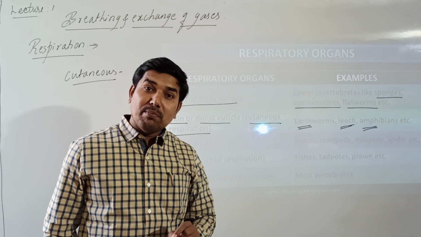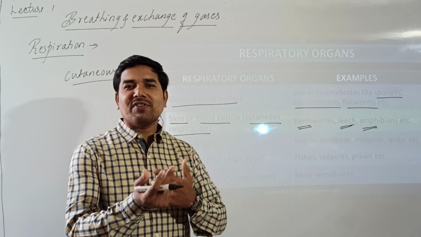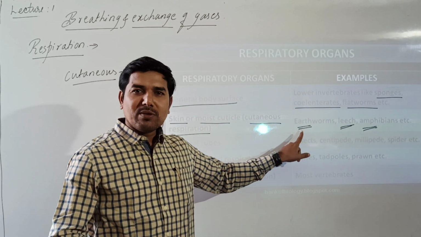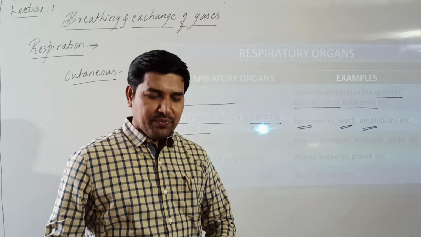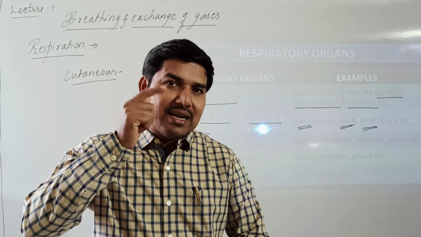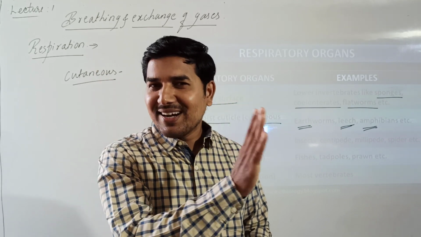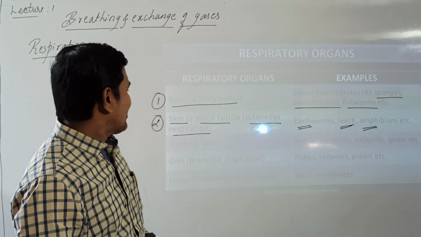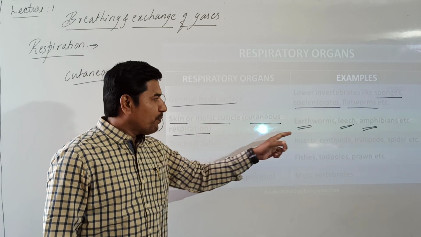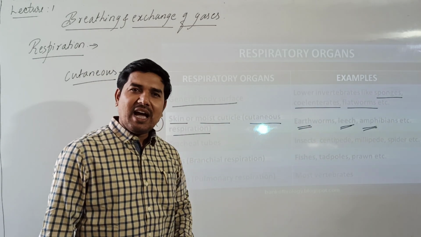Earthworms are present in moist soil and exchange gases through their moist skin. That's why earthworms are commonly found in moist soil and moist areas, and if the skin gets dried, the animal will die. That's why respiration occurs through moist skin in earthworms, leeches as well as amphibians.